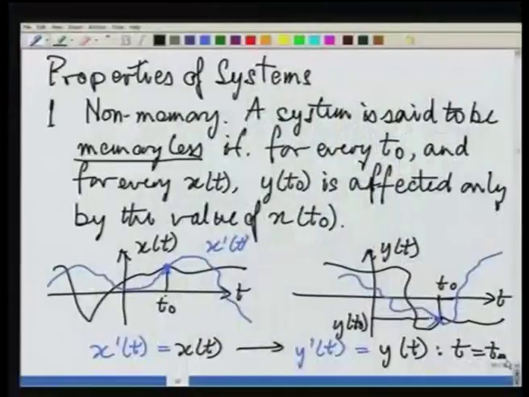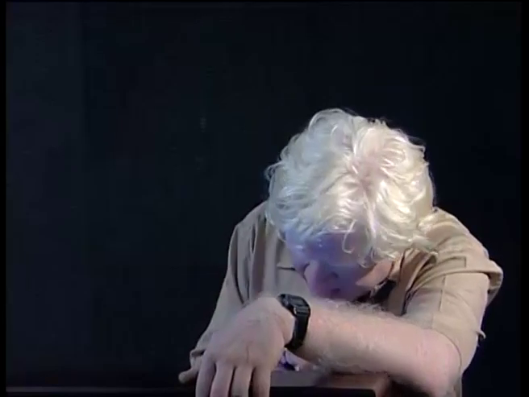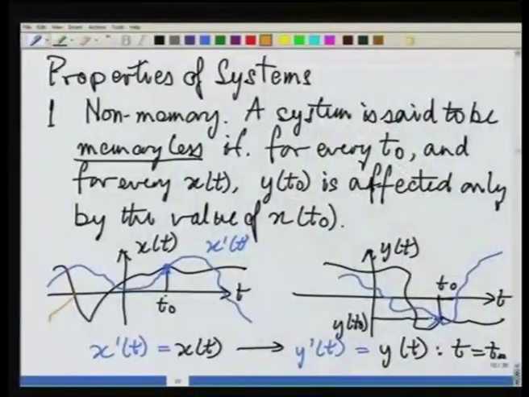This will be true for any number of signals x dash t, x double dash t, etc., all of which share the same value at t naught. So, I could draw one more graph, say of a signal in brown, that goes this way. I will call this x double dash t.